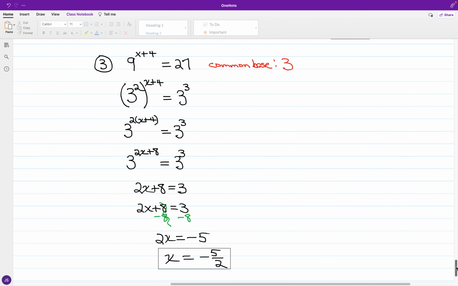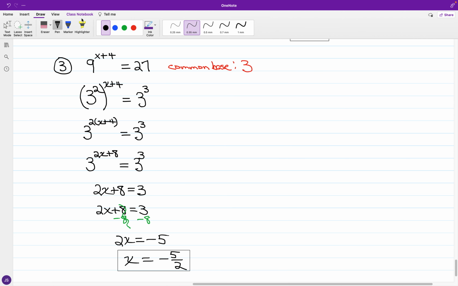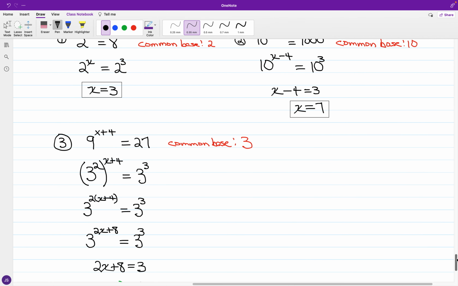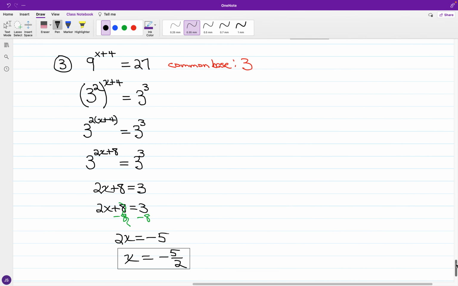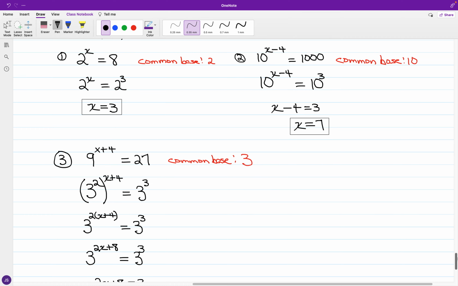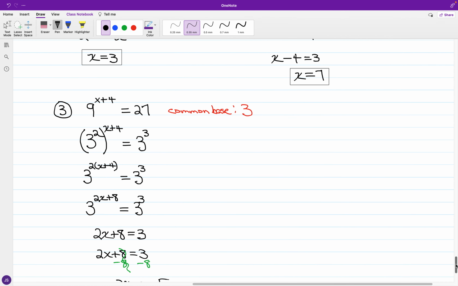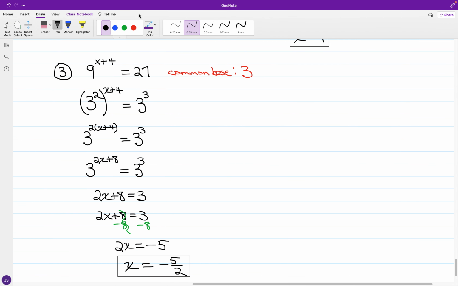So you might have equations with a common base where the common base does not already appear. And to get to the solution for x in the third case, we had taken the power property of exponents. Now I'm going to go back to the base 10 and look at solving.